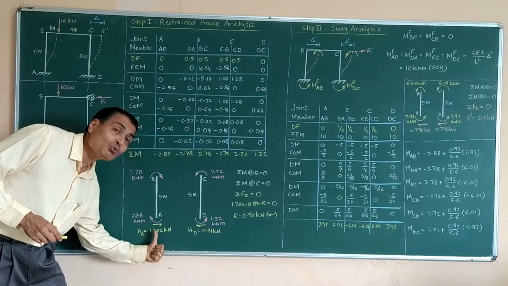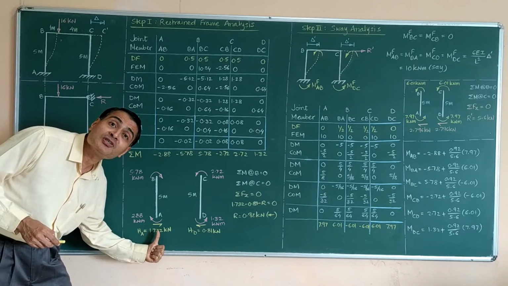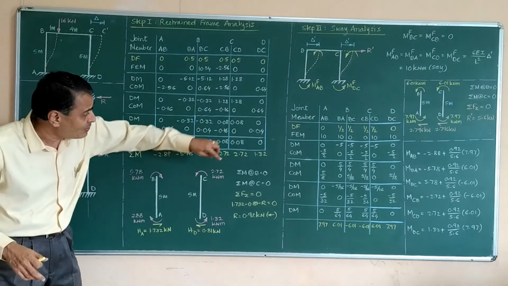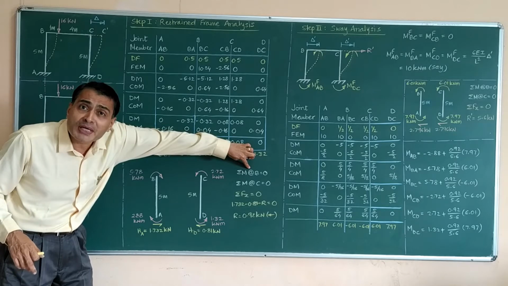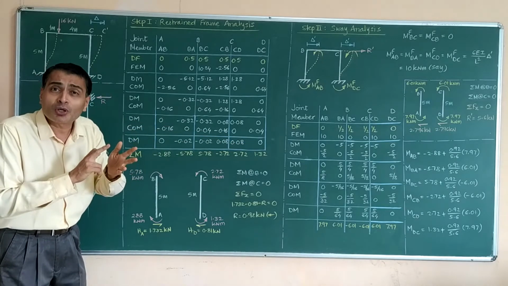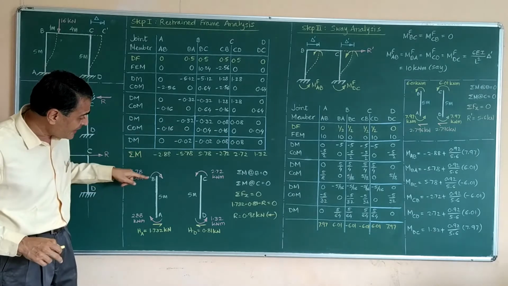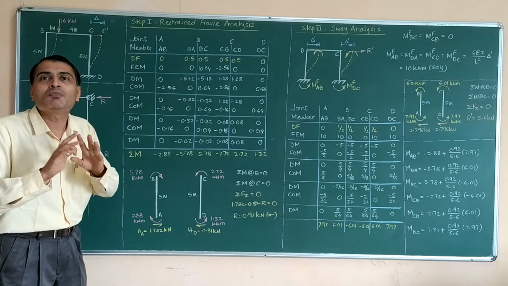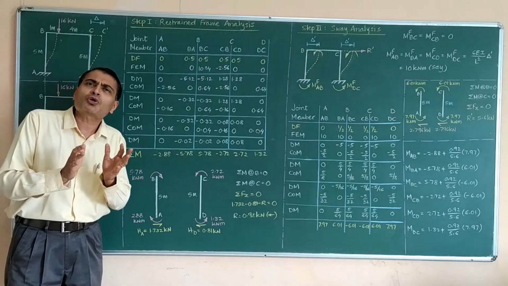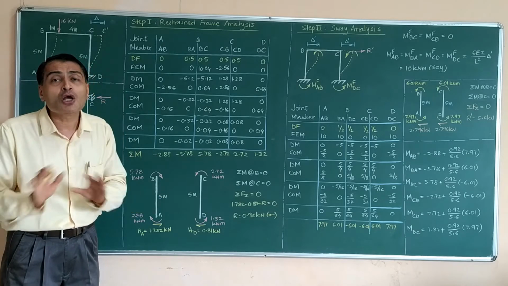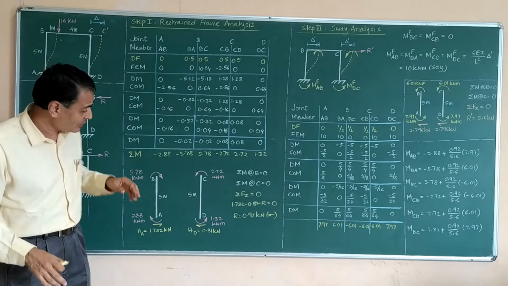And I have not shown VA, the vertically upwards reaction given by the foundation to this column. Because when I express sigma M about B equal to 0, all those forces, HB, VB, VA, are passing through point B. They are not generating any moment about B. So just for the sake of brevity, I have drawn a partial FBD, not the complete FBD.